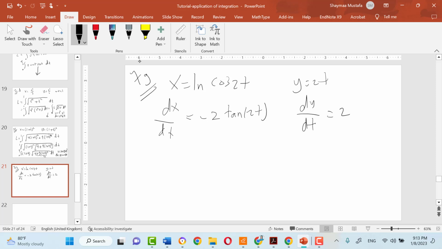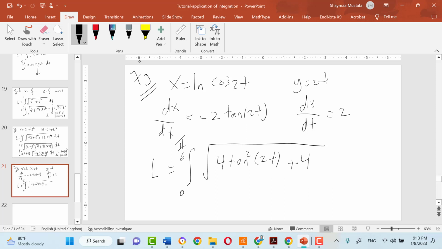So the length will be the integration from 0 until pi over 6. This one squared, which is 4 tan square 2t plus 4, dt.